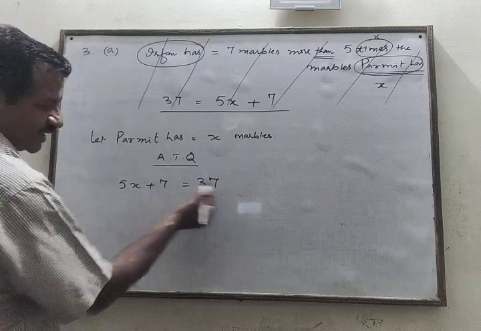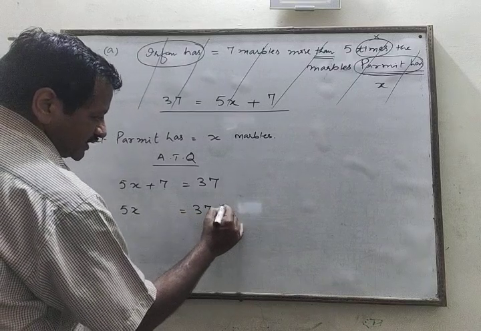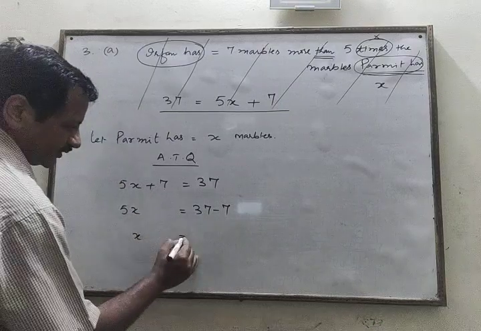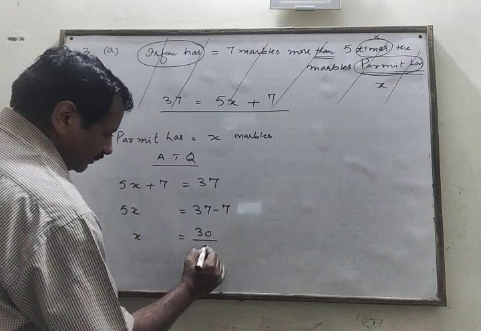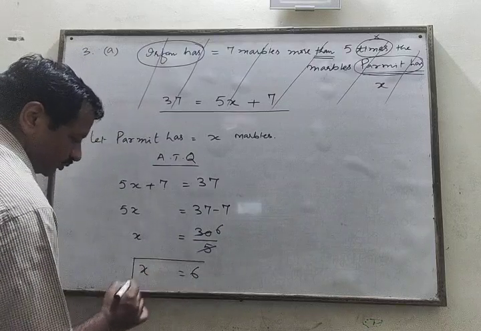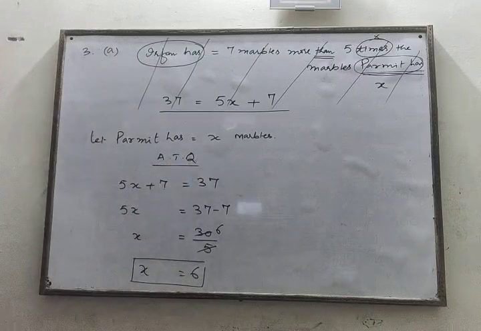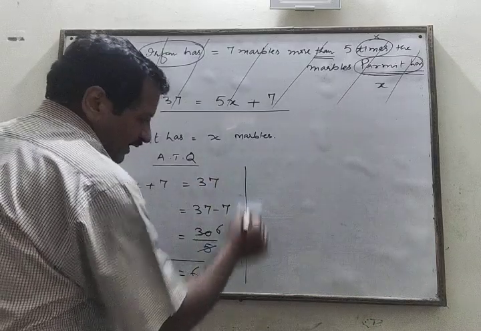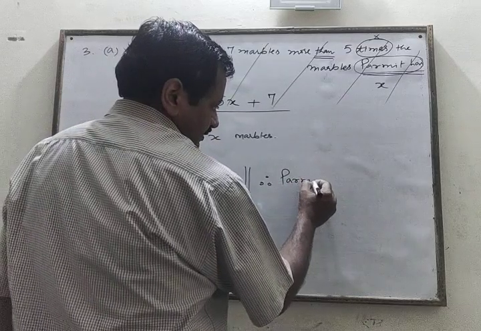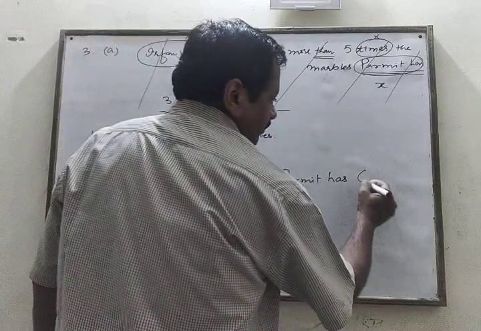So now solve the equation. 7 should be shifted to that side. 5x equal to 37 minus 7. So it will be 30 and 5 will be in the division. x equal to 30 divided by 5. 5 6s are 30. x equal to 6. So x denotes the marbles that Parmeet has. So in the last we will write the answer line. Therefore, Parmeet has 6 marbles.